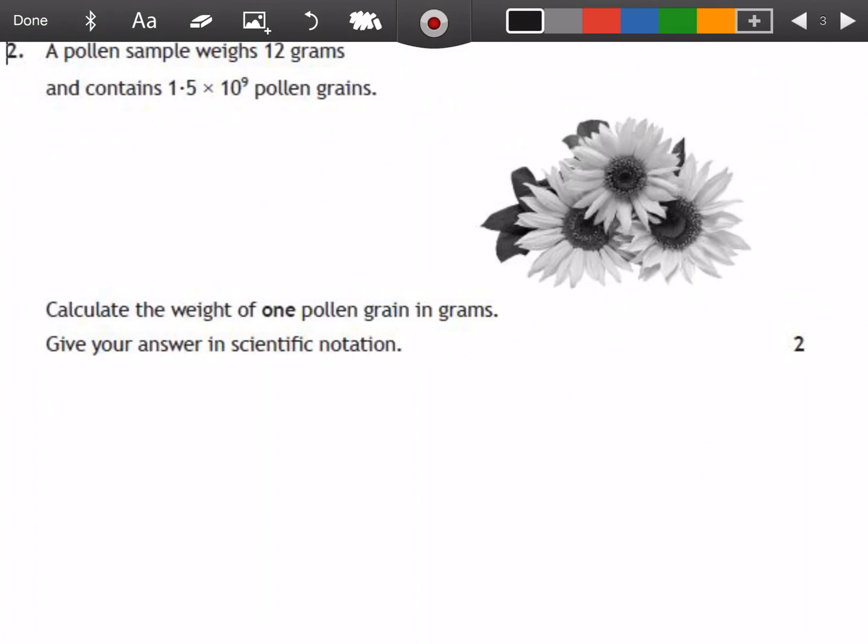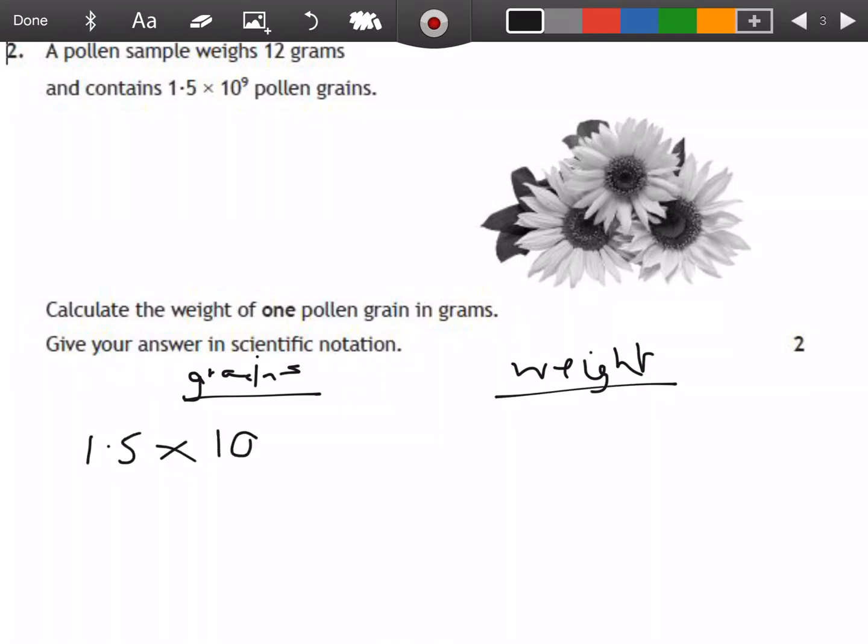You're trying to find the weight of one of them. Okay, so the number of grains and the weight. Right, so 1.5 times 10 to the power 9 grains, that's how many grains we've got. That weighs 12 grams. We're trying to find the weight of 1 pollen grain.